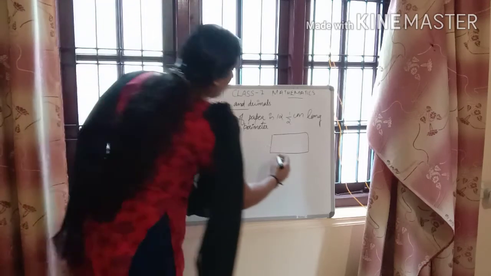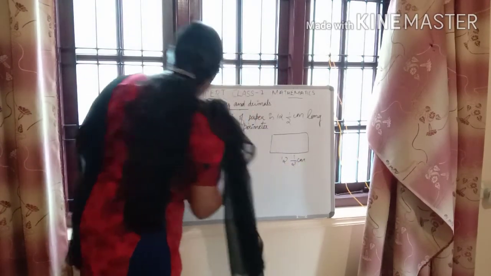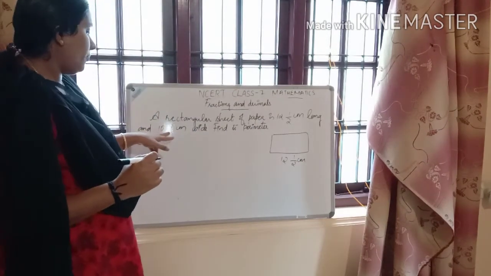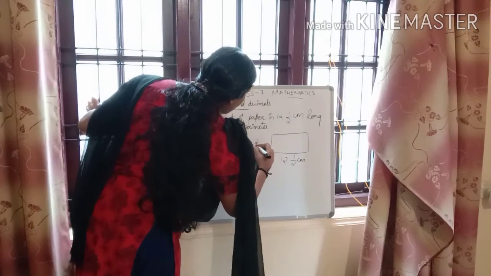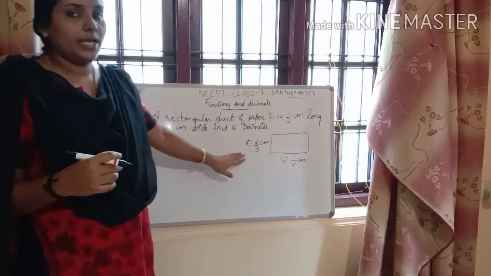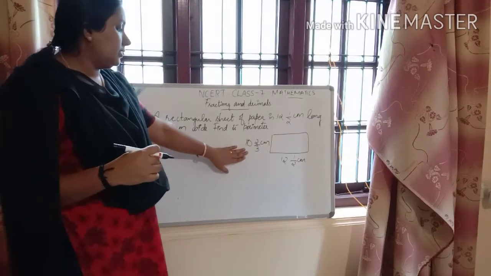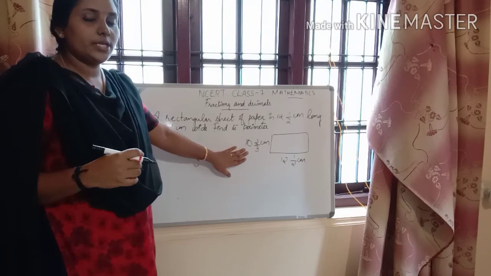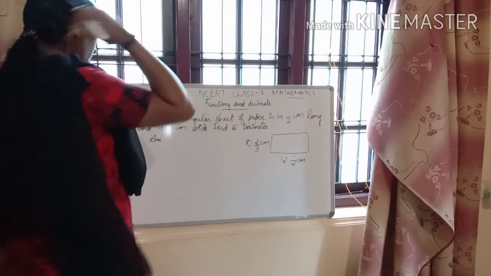So length is given as 12 1 by 2 centimeter and 10 2 by 3 centimeter wide. That means breadth is 10 2 by 3 centimeter. Clear? Yes. Just convert this mixed fraction into an improper fraction. That is the first step.